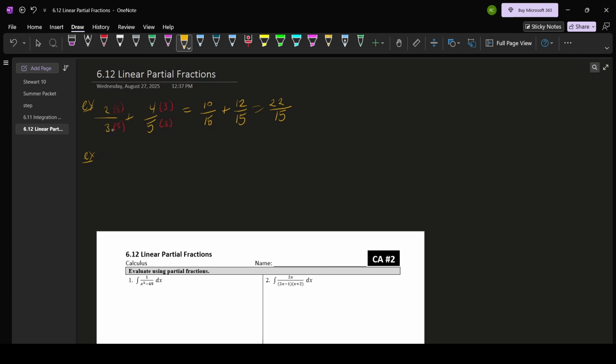Likewise, if this was not a number, if this was a polynomial expression, say 2 over x plus 3 and 4 over x minus 5, for example, we would have to do the same thing. We would have to multiply the opposing denominator over itself. So on this left side, we're going to multiply by x minus 5, and I'm going to put this in parentheses here. And over here, we need to multiply by x plus 3.